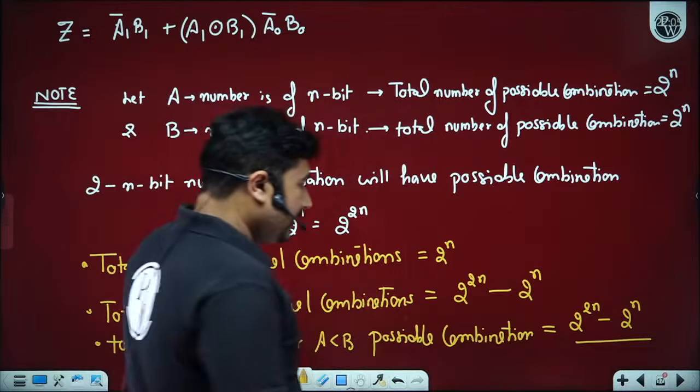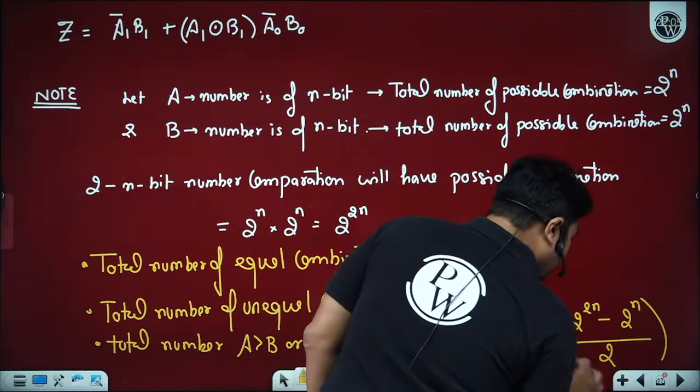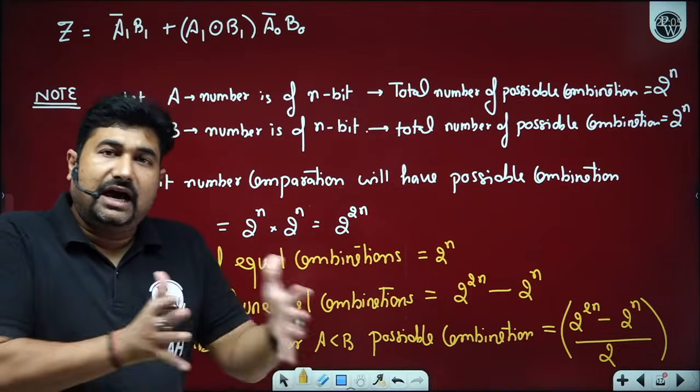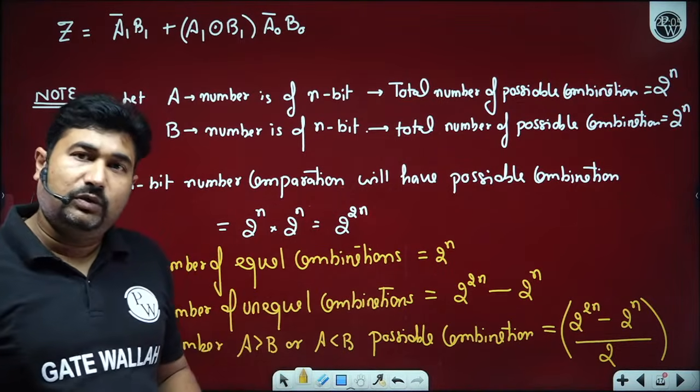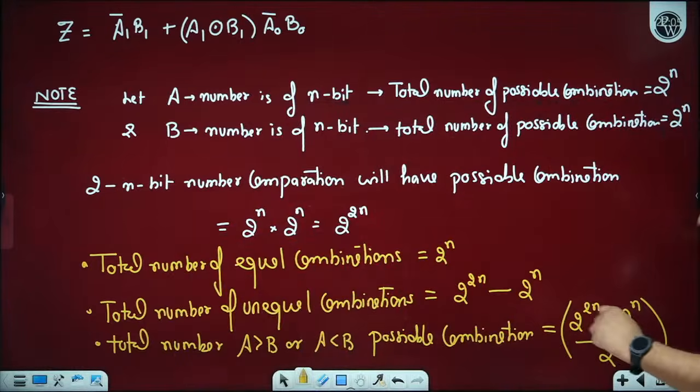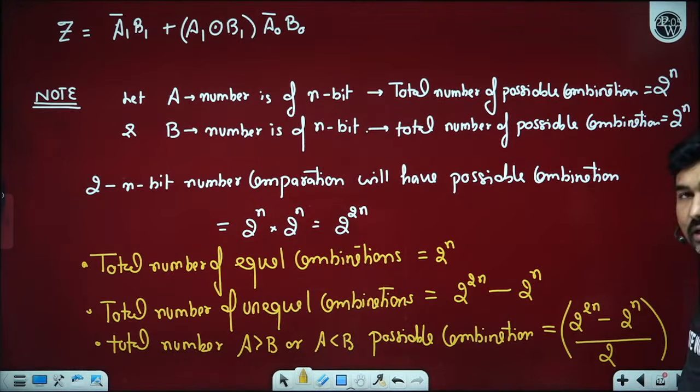If we divide it by 2, because half have A greater than B and half of the unequal combinations have A less than B. So the total number of possible combinations of A greater than B or A less than B will be equal to 2 to the power 2n minus 2 to the power n, divided by 2.